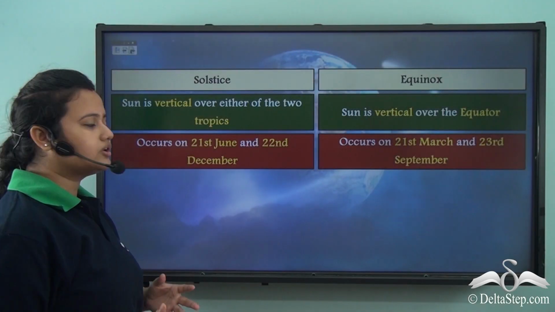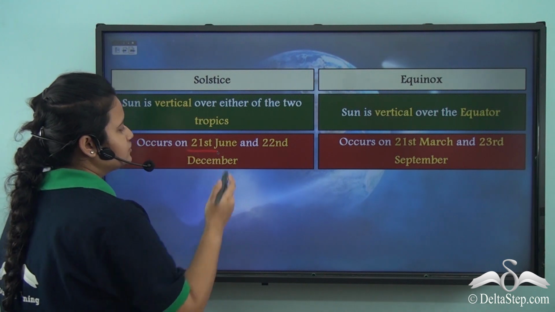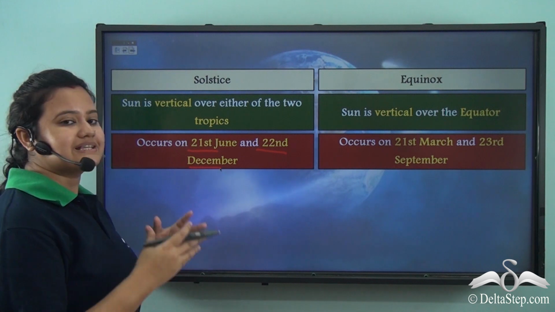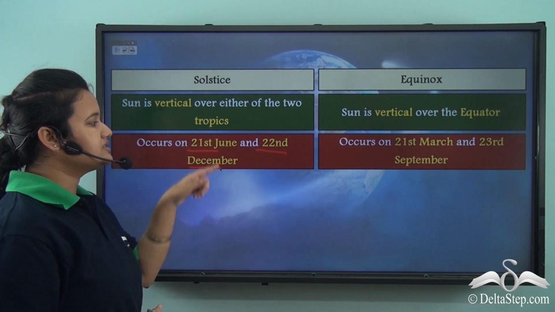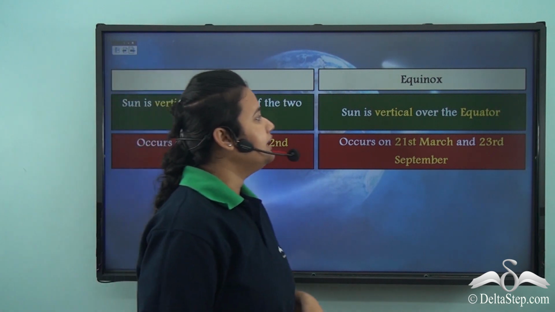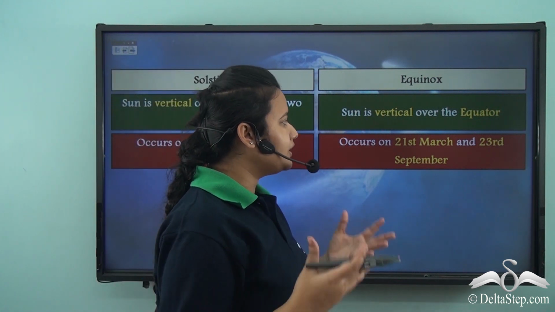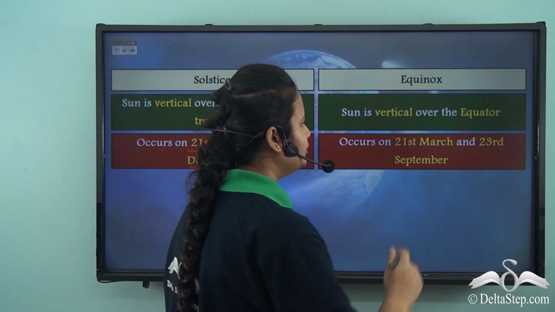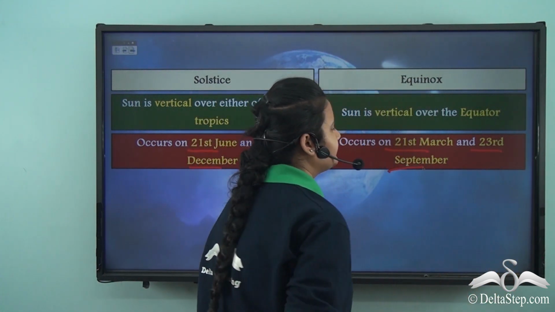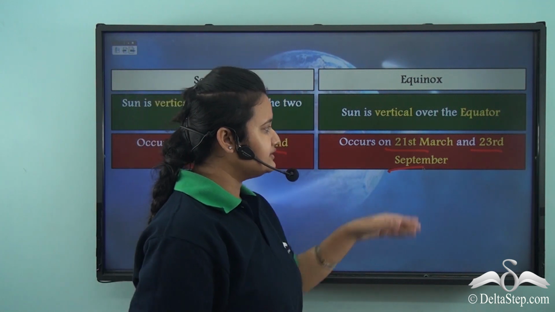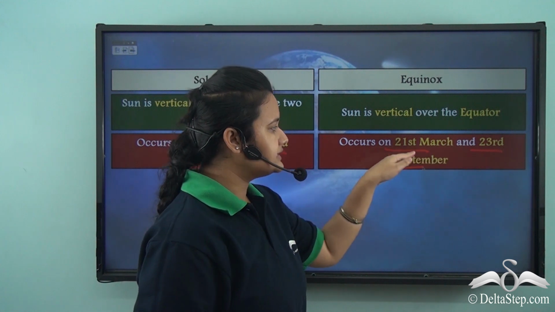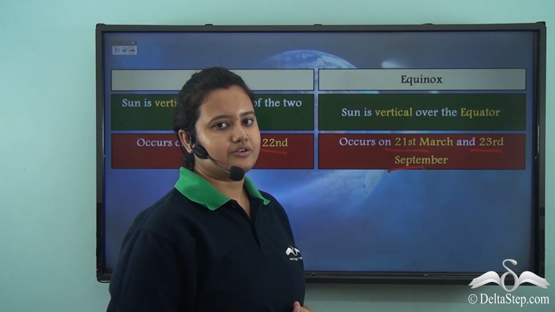Now, solstice occurs either on 21st June or 22nd December. On 21st June, summer solstice occurs, whereas on 22nd December, winter solstice occurs. Now, coming to equinox. Equinoxes occur either on 21st March or 23rd September. On 21st March, spring equinox occurs, whereas on 23rd September, autumn equinox occurs.